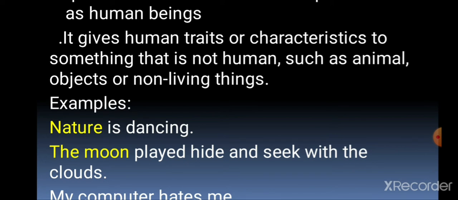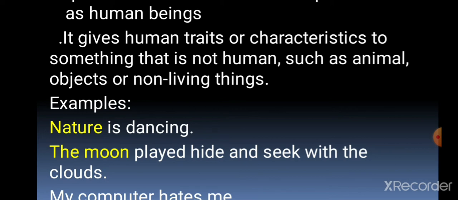No students, but what does it mean here? It means students that there are clouds in the sky and the moon disappears behind the clouds again and again. So students, it's an example of personification. Okay, then, my computer hates me.